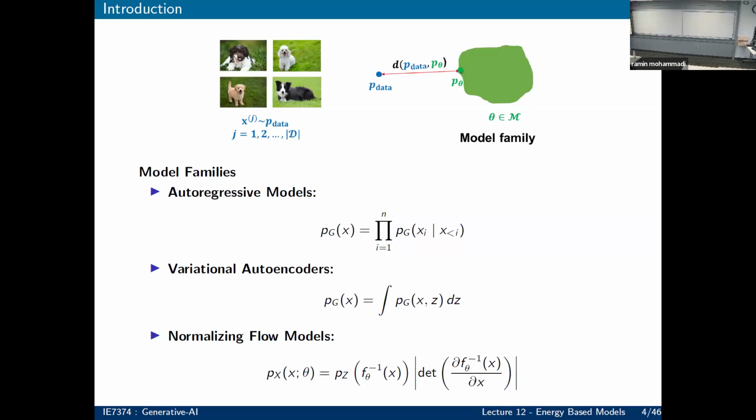Then we talked about variational autoencoders, where the idea was that if you want to find the likelihood of the data, we need to do some integration over all possible latent variables. There are different versions we have seen, depending on how we define this joint distribution, and we can break it down as the likelihood of z given x times the prior, or vice versa.